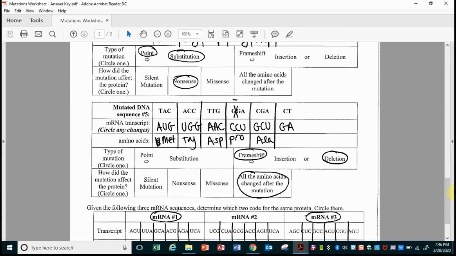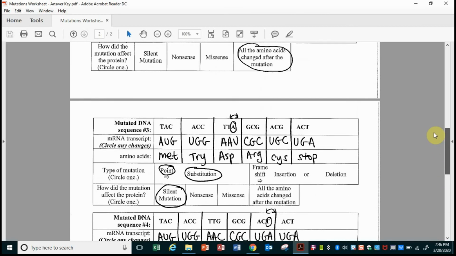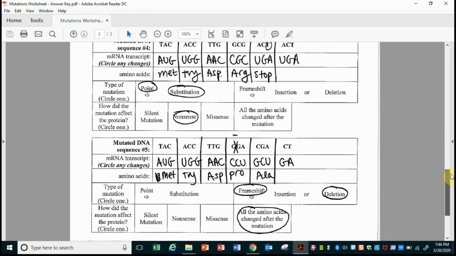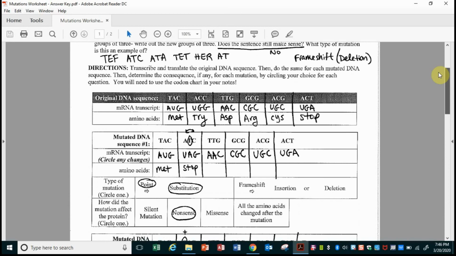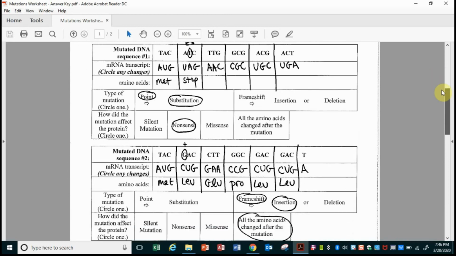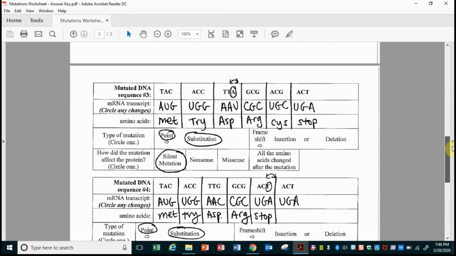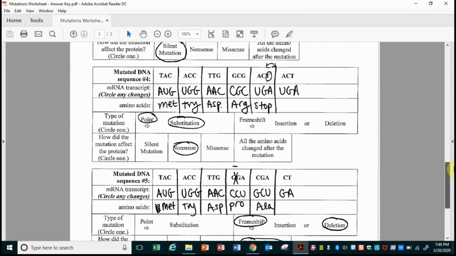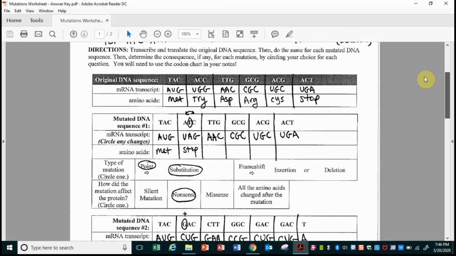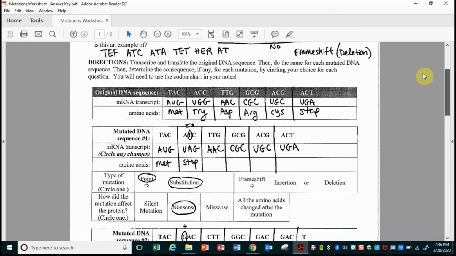Okay, and then our last one, mutated DNA sequence number 5. When I looked at this compared to my original sequence, there was a deletion of a base. So I have GGA here. Okay, so it was the second codon.